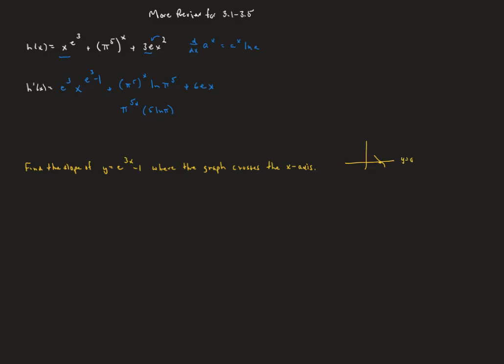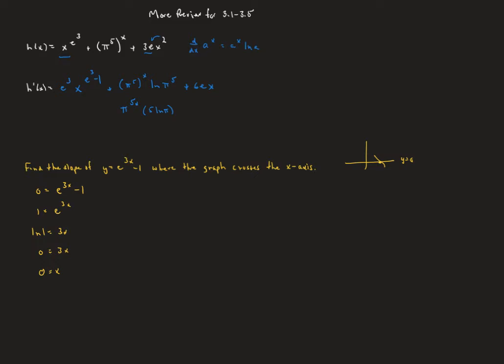So to find that place, we're going to put in 0 where the y is and then solve for the x. So we can take the natural log of both sides and get 3x, and since the natural log of 1 is 0, then we're going to get x equals 0. Kind of disappointing, but that's the answer.